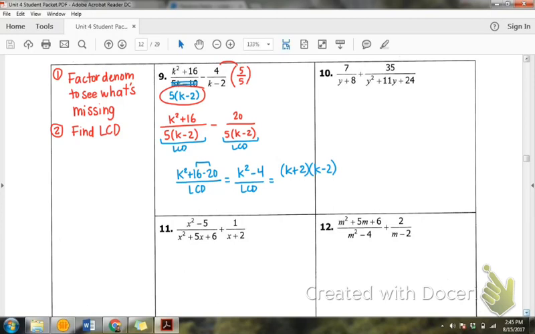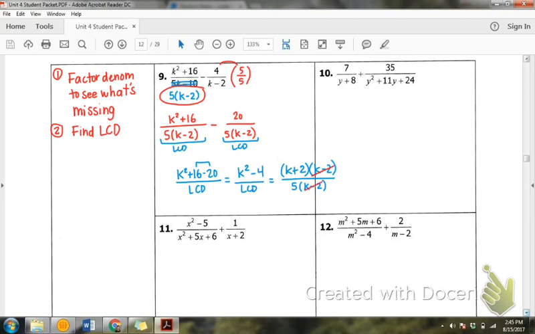So now when we're at the final straw where I can't do anything else, now I can rewrite my denominator, which was 5 times k minus 2. Say that again, Lexi. Can you cancel anything here? You guys see the k minus 2 can cancel?